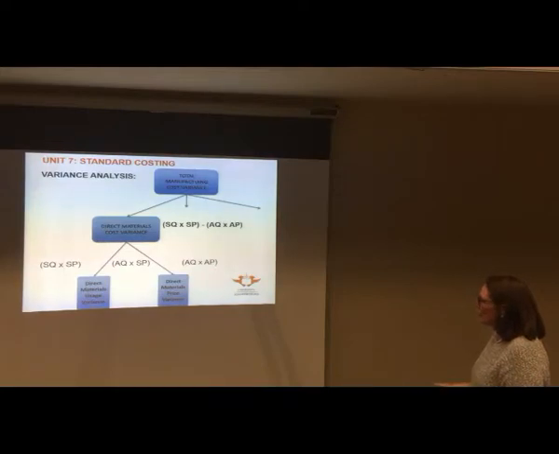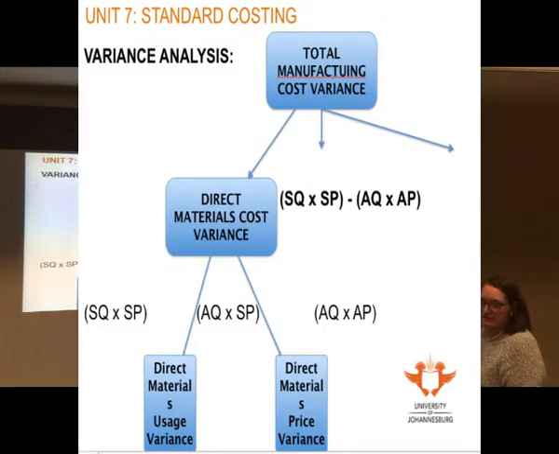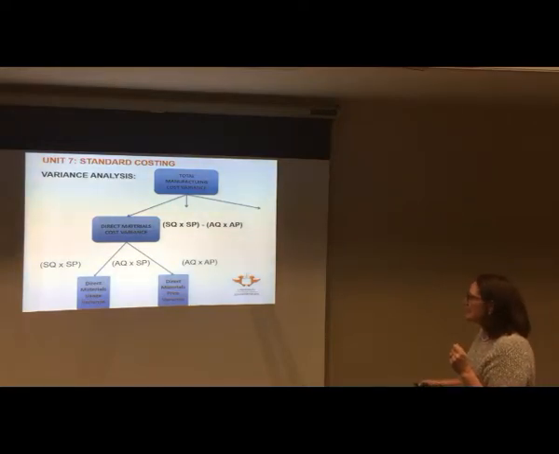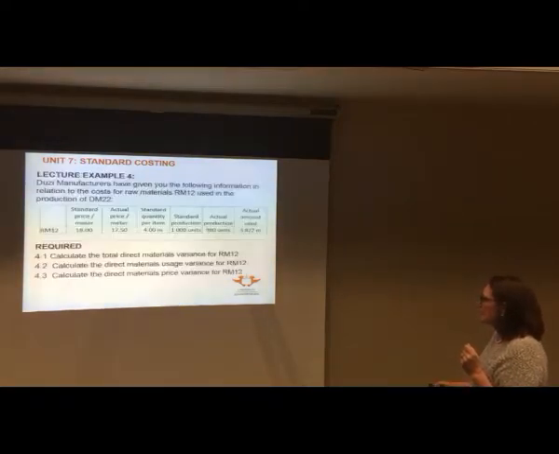So here we are. We have to calculate 3 amounts. From the figures you've been given, you've got to calculate standard quantity times standard price. You've got to calculate actual quantity times actual price. And you've got to calculate actual quantity times standard price. There's your actual amount used, actual quantity, and there's your standard price.